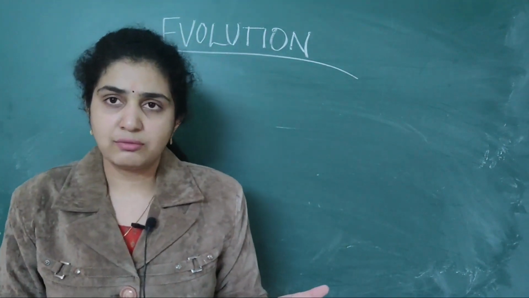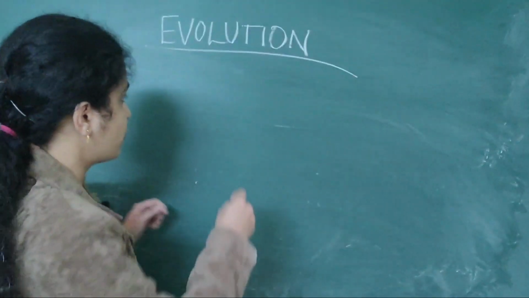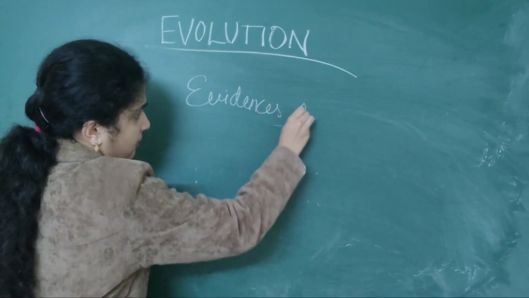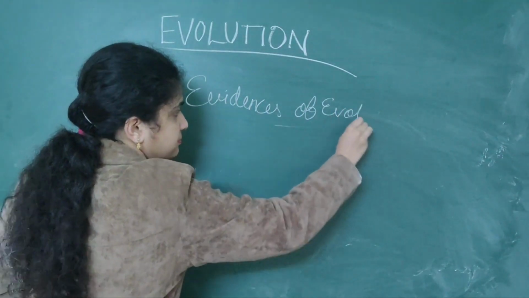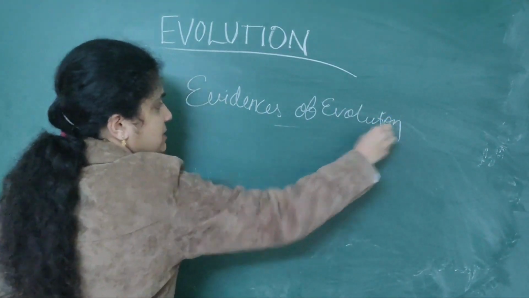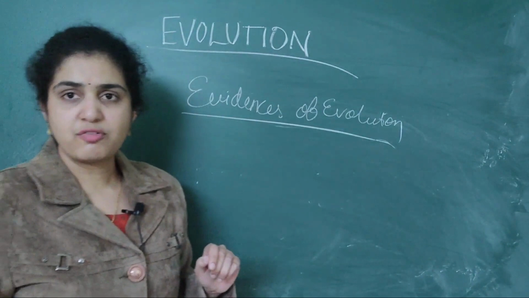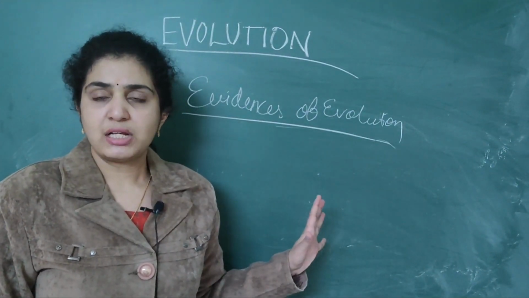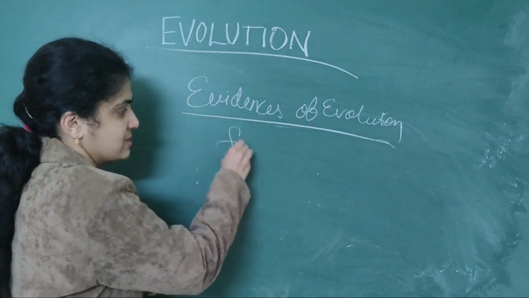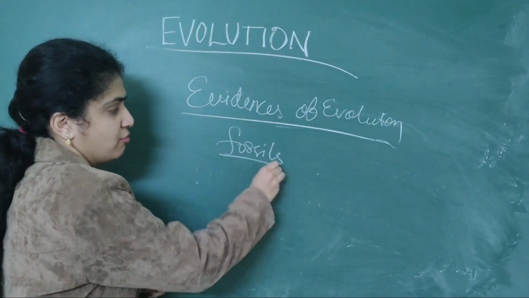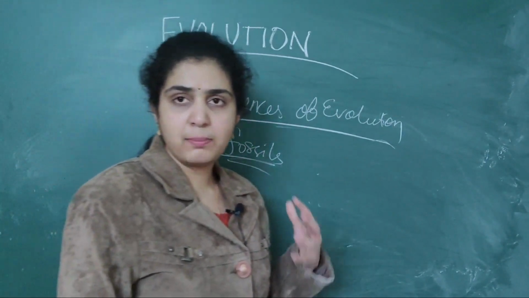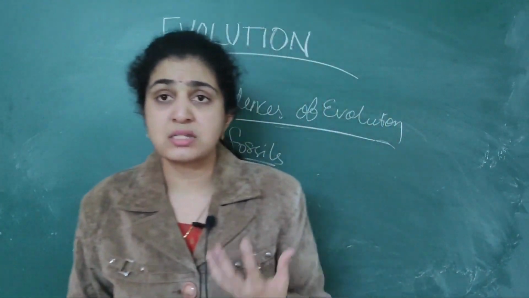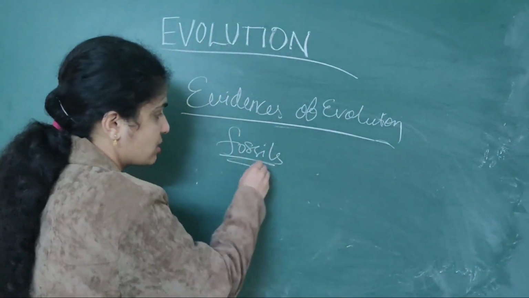When we started with the topic called evidences of evolution, we said that fossils are the remains of hard parts of plants and all organisms, which are usually found in rocks.